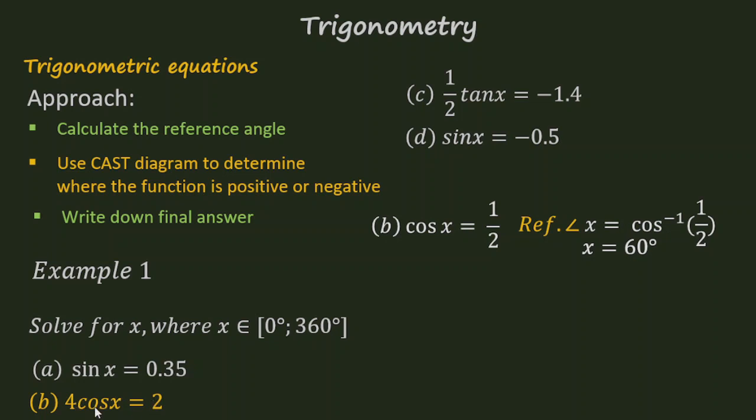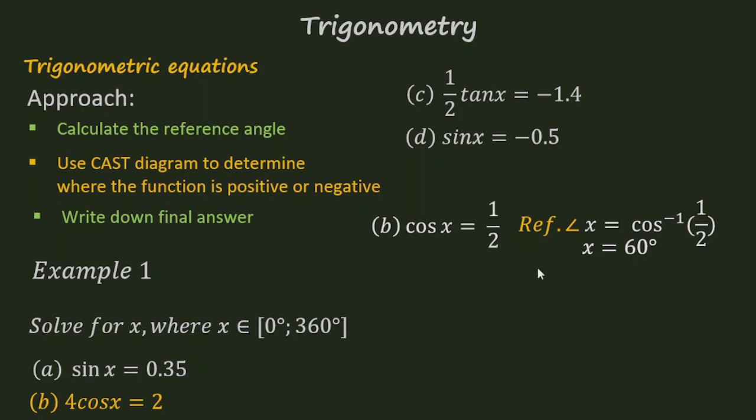This equation tells us we are interested in the values of x in the quadrants where cos x is positive. Cos x is positive in the first quadrant and the fourth quadrant. Since cos is positive in the first quadrant, that means our reference angle will also form part of the solution.